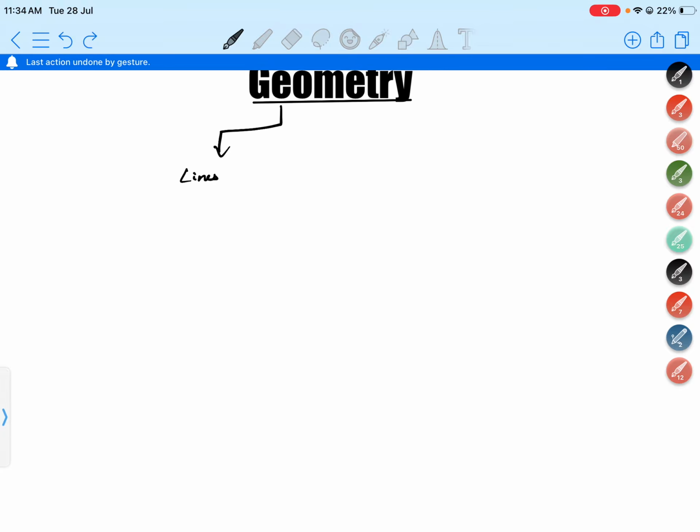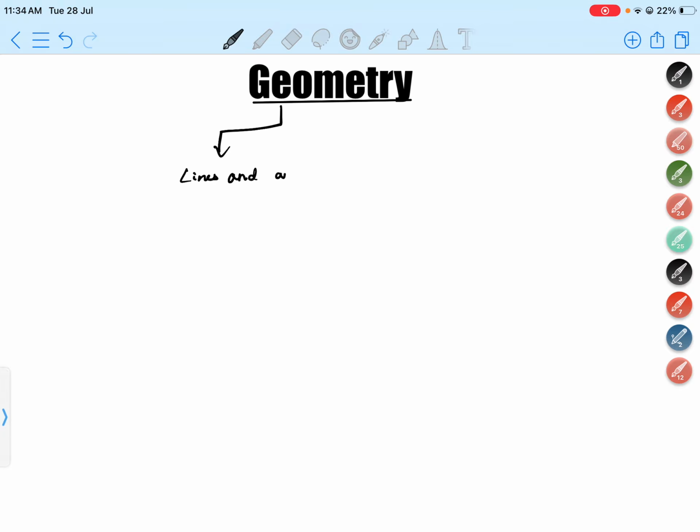So first in this class, let me just write down what we will study in geometry. In geometry, we will be learning about lines and angles. Then we will move on to triangles.